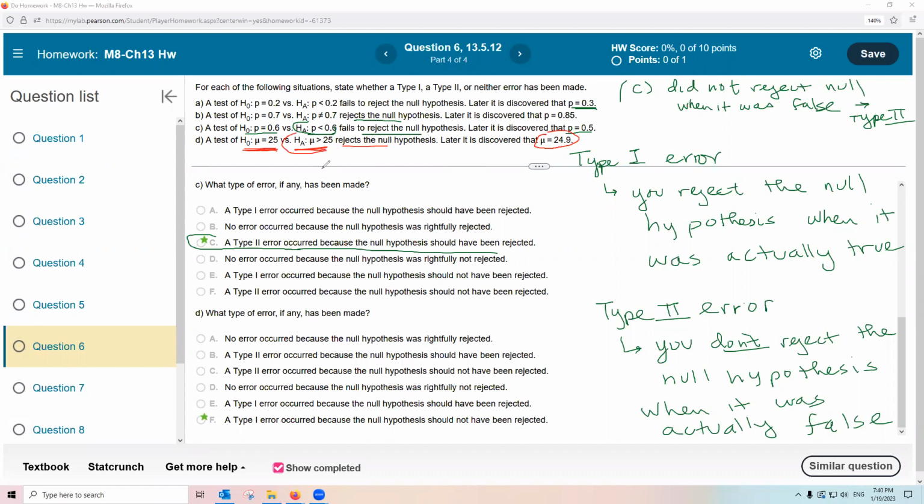It's 24.9. So for part D, we should not reject, but we did. We rejected, but the null was true. Well, that's the definition of a type 1 error. So the answer on this one is type 1 error occurred because the null hypothesis should not have been rejected, but we did reject it.